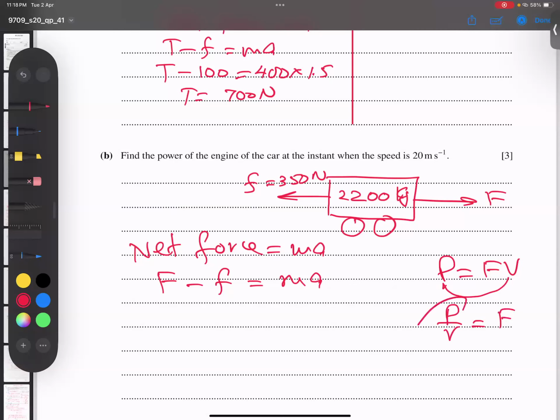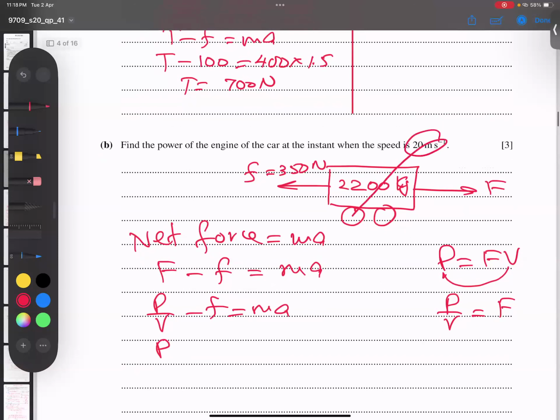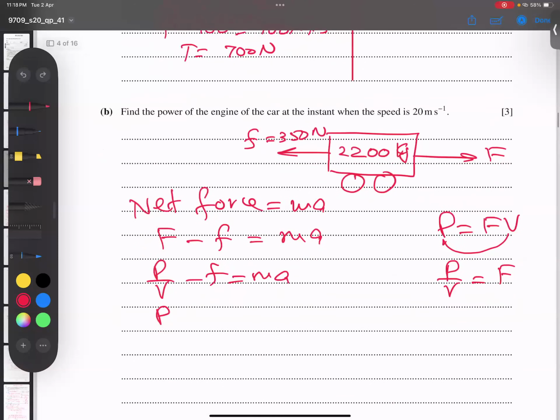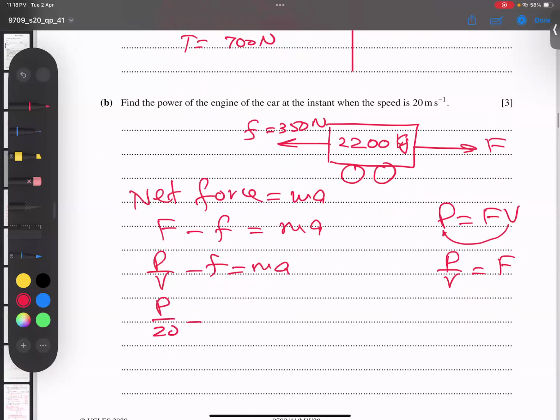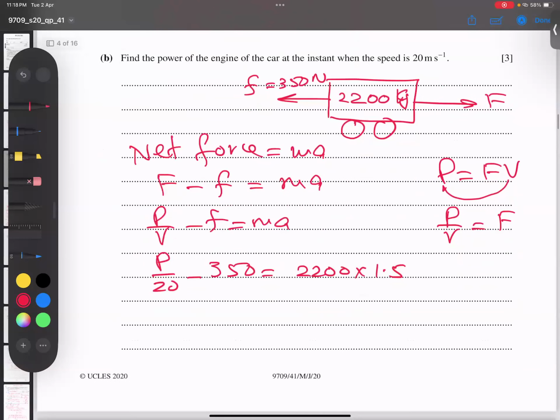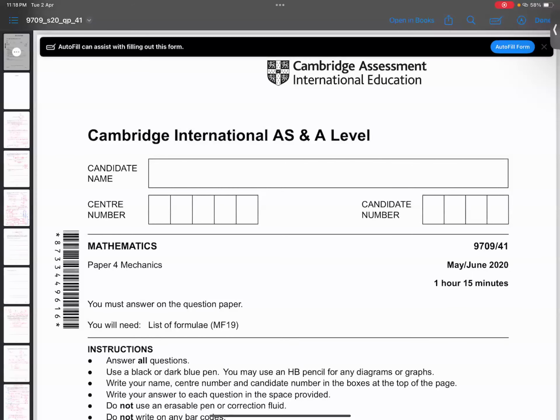So I am going to plug this value in here. So P by V minus friction force equals MA. Power is unknown, and the speed at the particular moment when I am calculating is 20. Friction is 350, the total mass is 2200, and the acceleration still remains 1.5, which I did in the previous part. So P by 20, and we can get it.